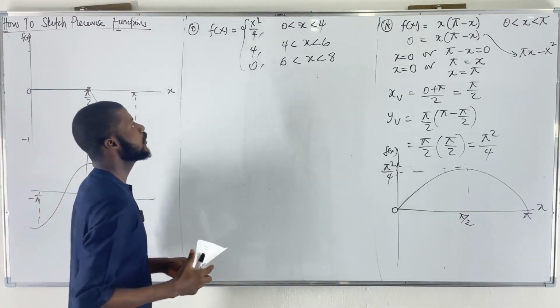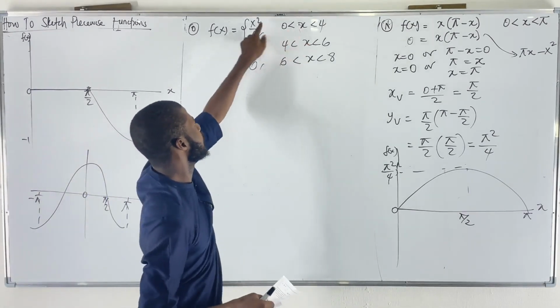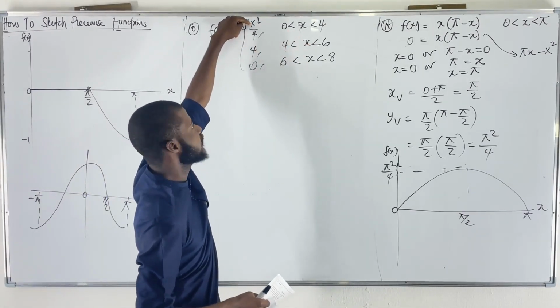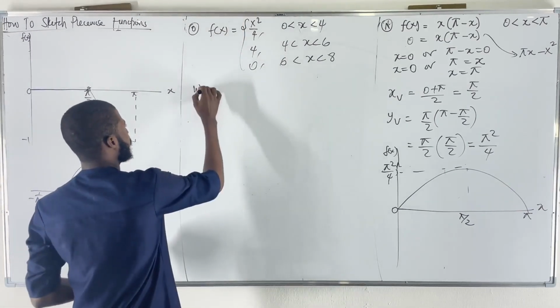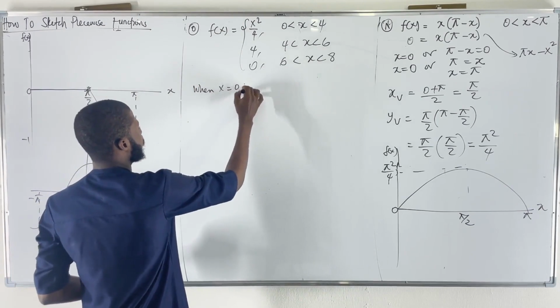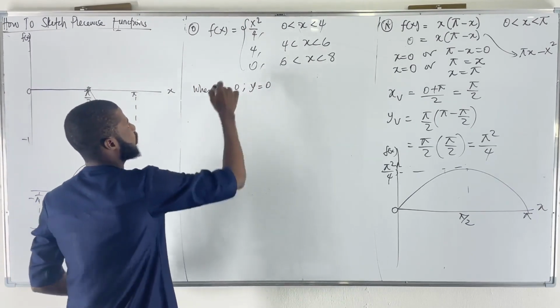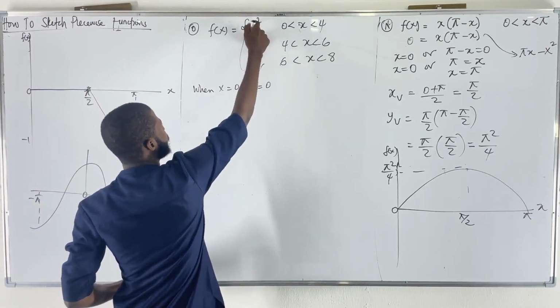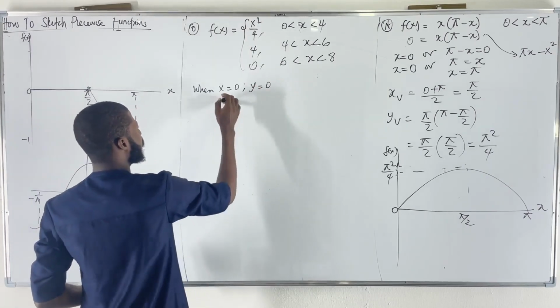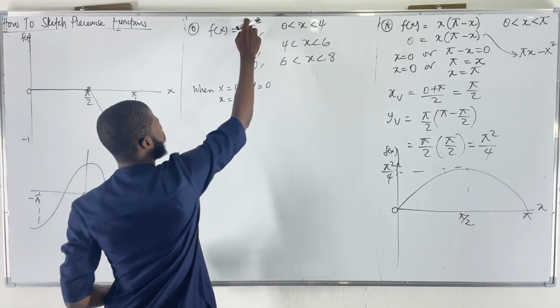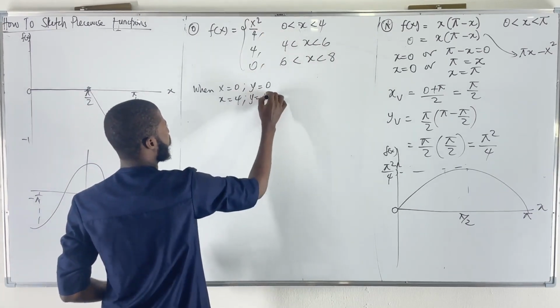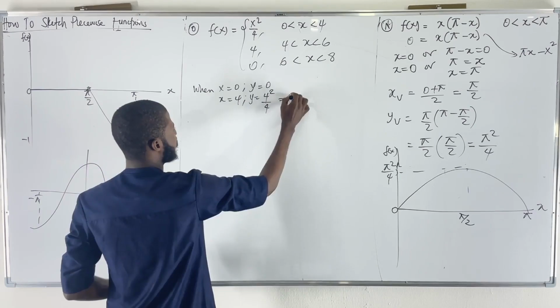So now we know that when x is 0, y would also be 0 because 0 squared is 0, so 0 over 4 is 0. Then when x is 4, y would become 4 squared all over 4, which is 4, right?